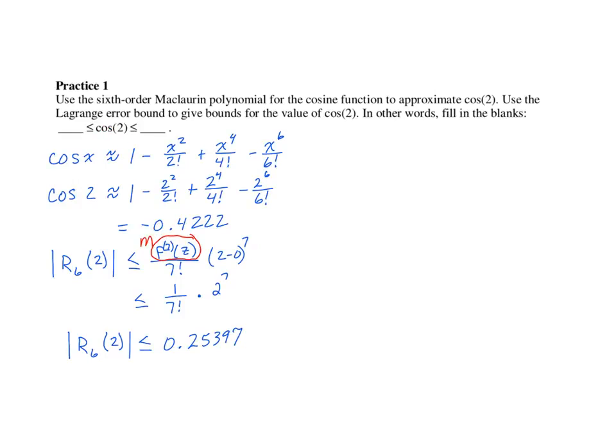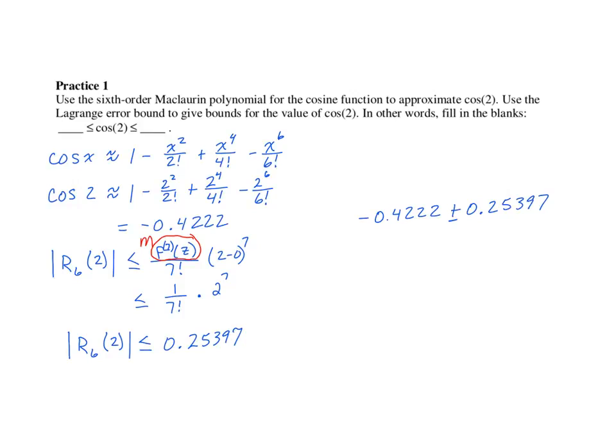So if we take negative 0.4222 and add 0.25397 to that, that will give us the upper limit, and if we subtract that value from it, that will give us the lower limit.